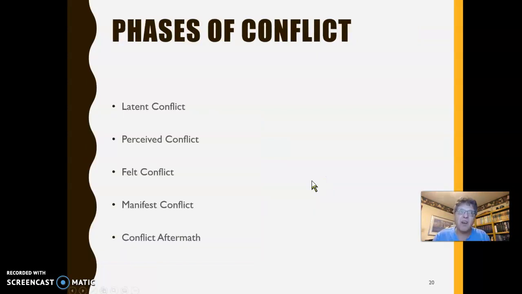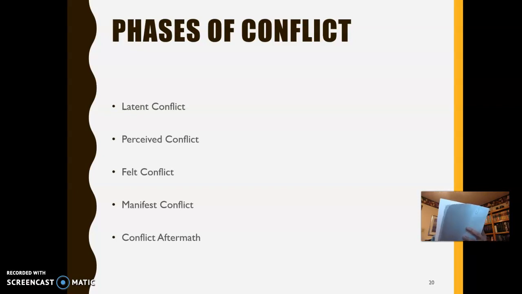However, there are phases of conflict. The first phase of conflict is the latent phase. The latent phase means that underlying conditions are present that could cause conflict. The second is perceived conflict, and this is when one or both parties become aware of incompatible goals.